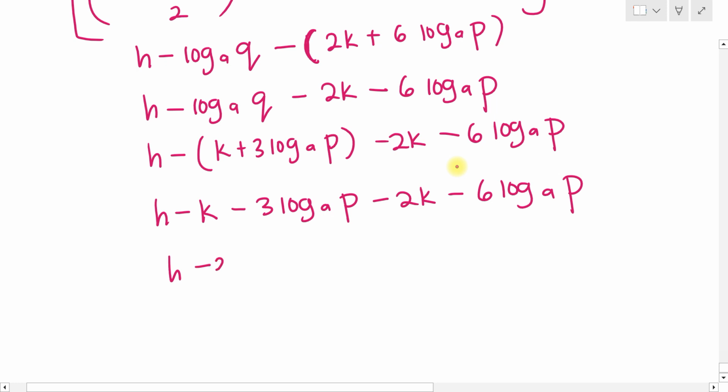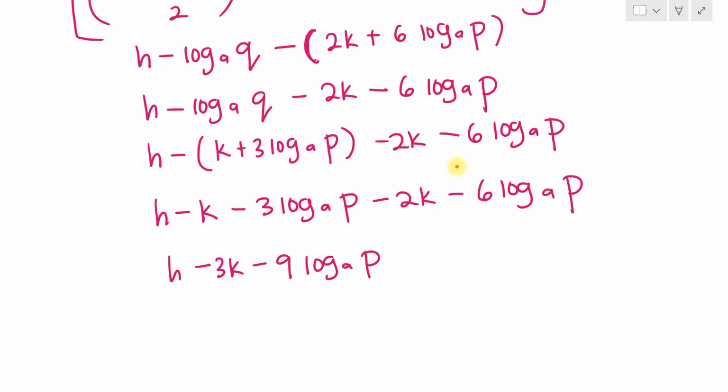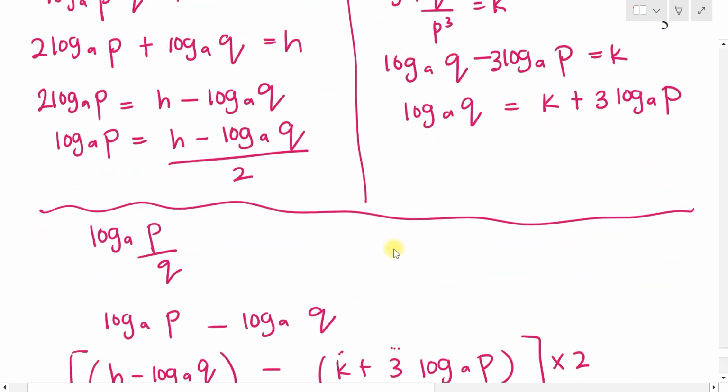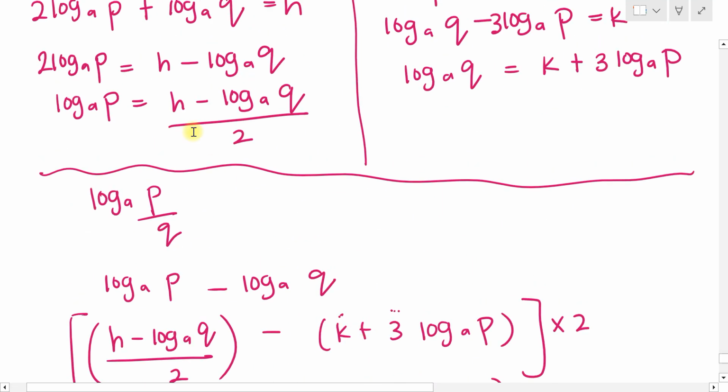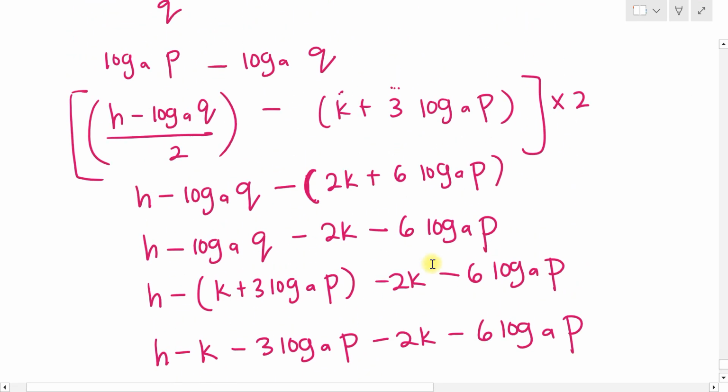Minus K minus 2K minus 3K. And then we have minus 3 minus 6, minus 9 log a P. Okay, not even close. Now how am I going to get log a P also? Cannot, it will keep on coming log a Q.